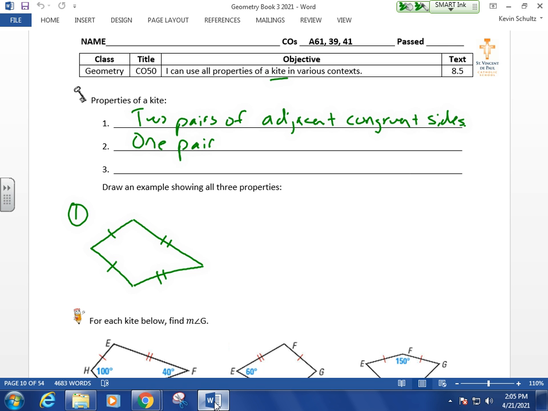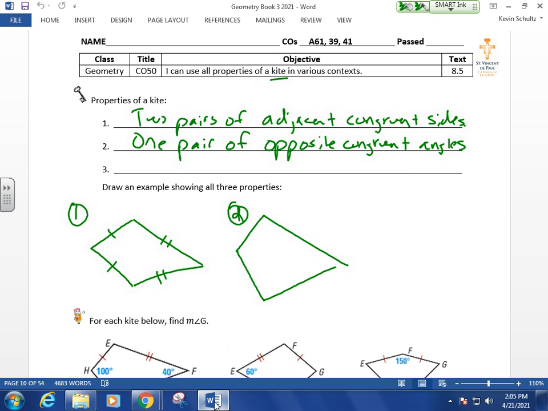It has 1 pair of opposite congruent angles. And so we're going to draw another kite to show this property. Let's make this a little wider at the top, narrower at the bottom, like that.